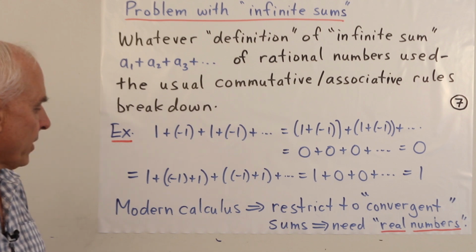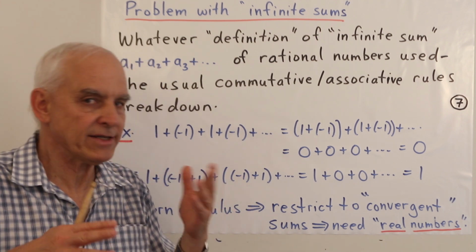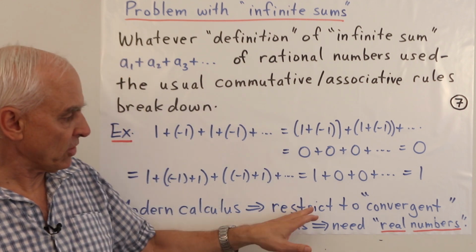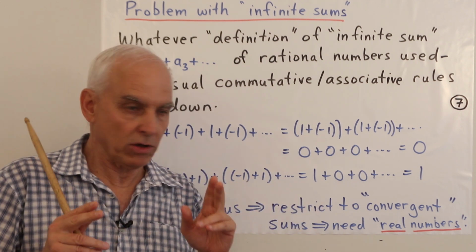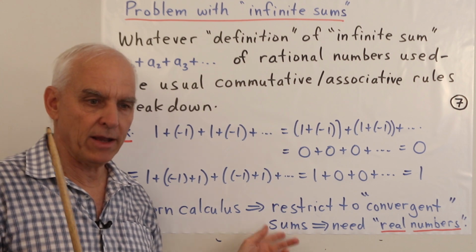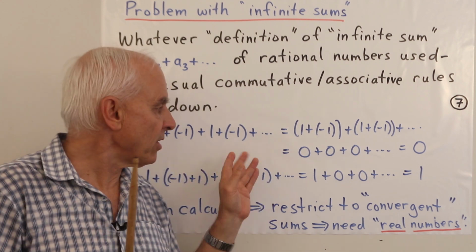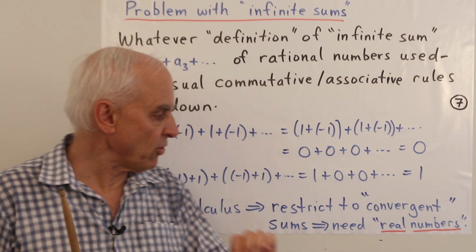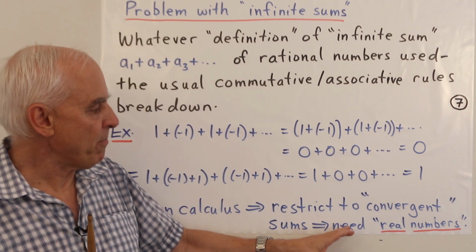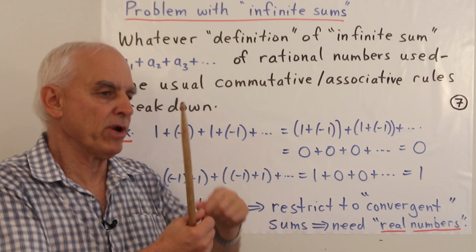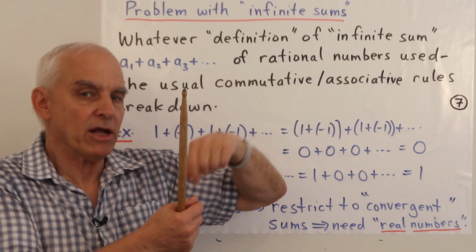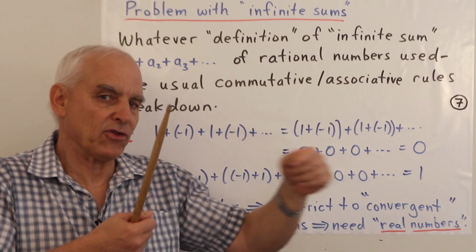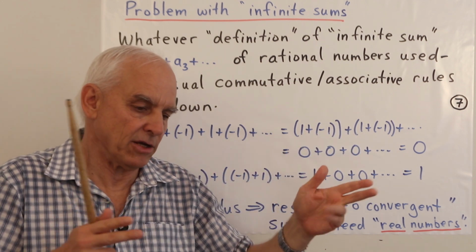Modern calculus tries to get around this, and it has a whole elaborate framework for doing this by restricting oneself to so-called convergent sums. If you do that in the right way, then you can circumvent this kind of thing. But the price you pay is that you have to impose a theory of real numbers, which are the pots of gold at the end of the rainbows of these convergent series that you cook up.